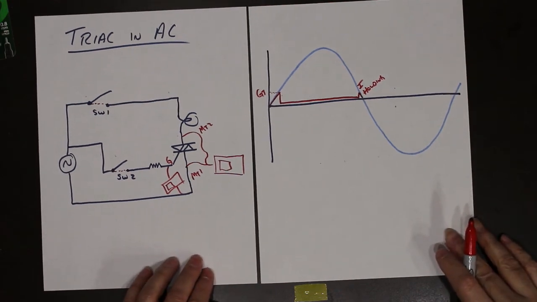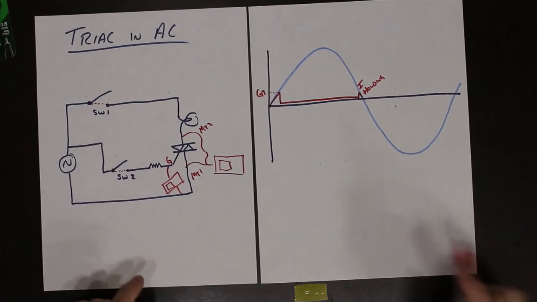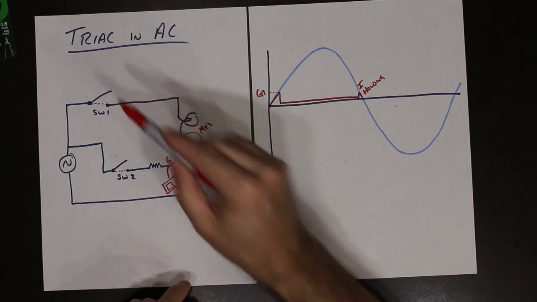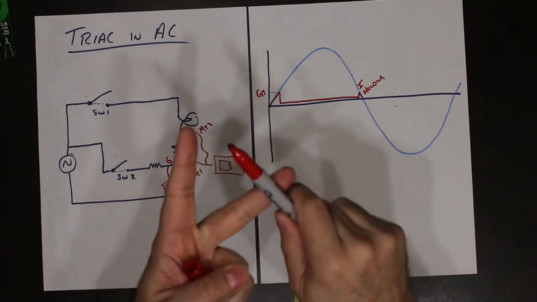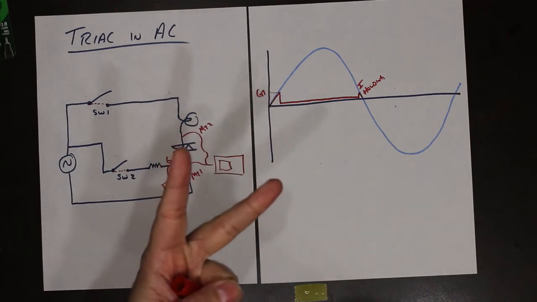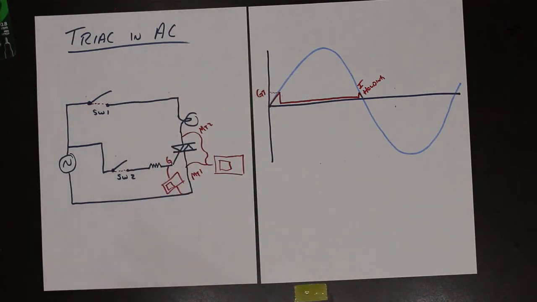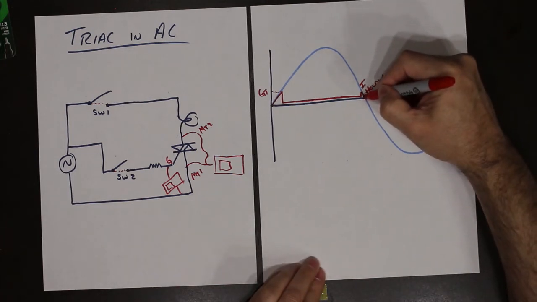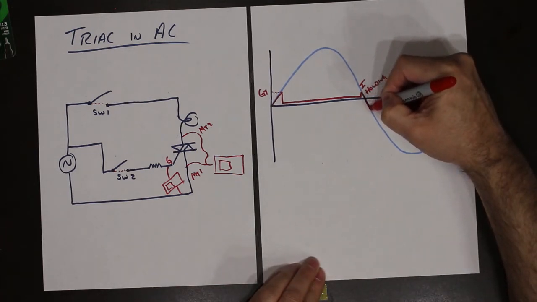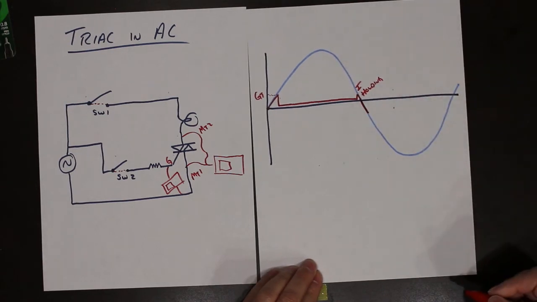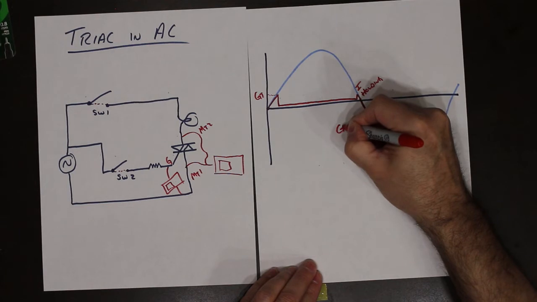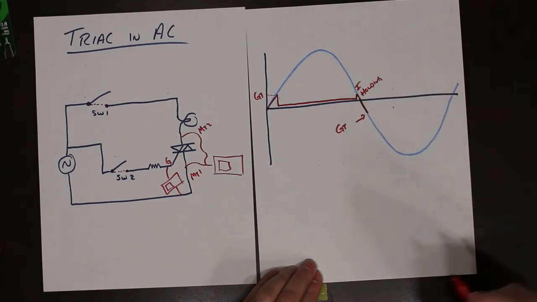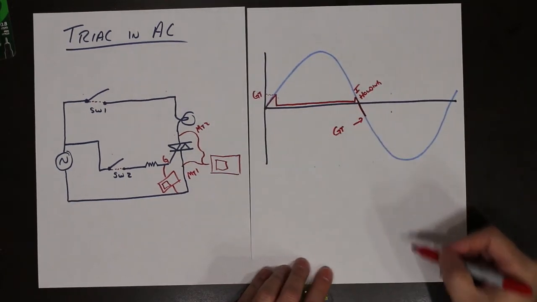Now, here's where the difference happens. A triac device is bidirectional conduction and bidirectional gate. So we figured that out from lab number 3. So as the voltage starts to climb in the negative direction, we will hit the gate trigger voltage on the negative side.